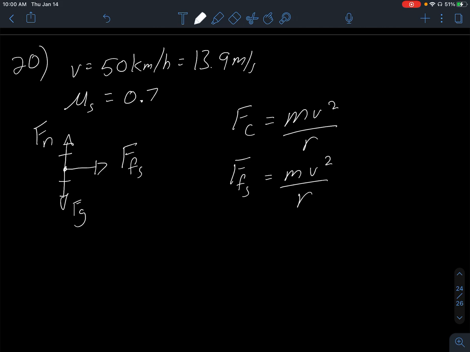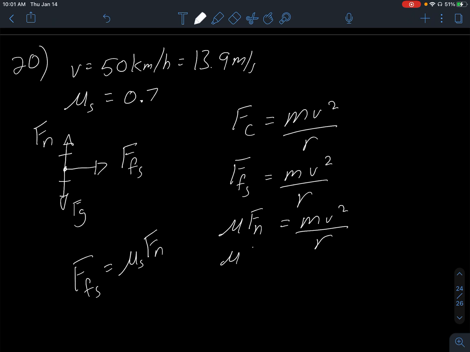And like an earlier problem, we're looking at the fun equation. Yet again, so force of friction is equal to mu normal. And normal in this case is equal to gravity.